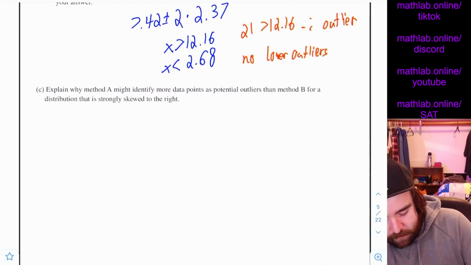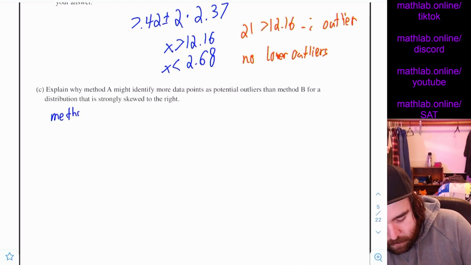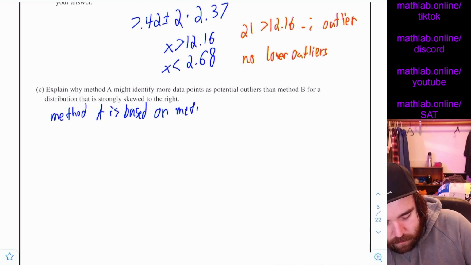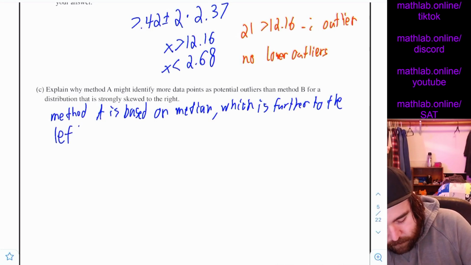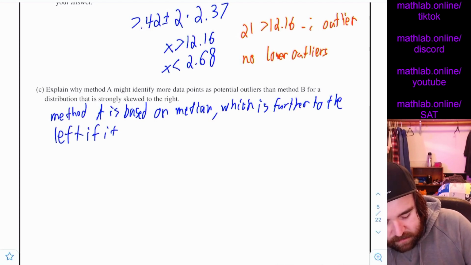Method A is based on the median, which is further to the left if it is skewed right.